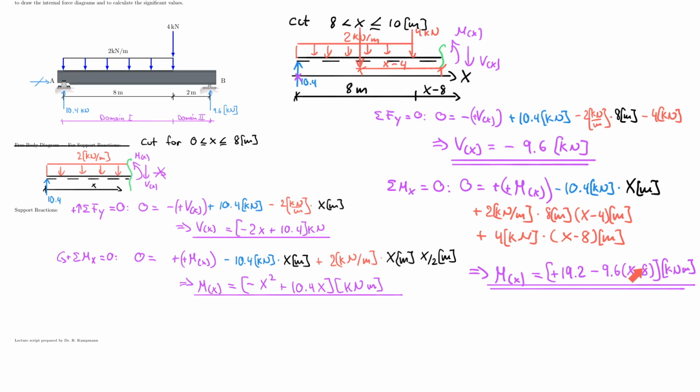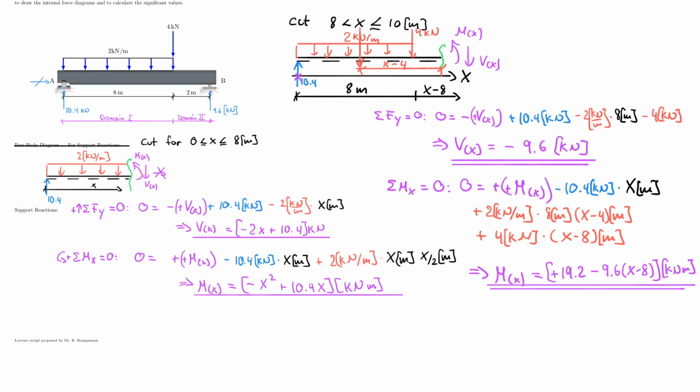So I have 9 minus 8, which then would be 1, and here at 10 meters it would be 2. So that's why I actually have a slope of 9.6, and that then with times 2 results in 19.2, which makes the whole equation 0 at this location.